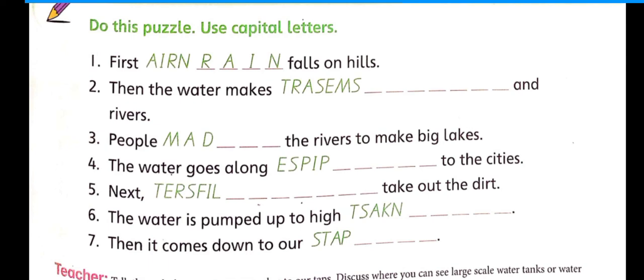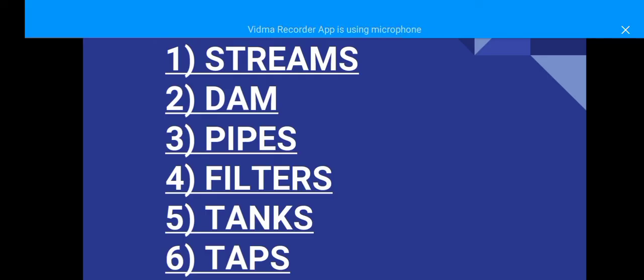Now, just to recheck your task, I am going to show you the answers. So please recheck your spellings. The first one they have actually done, but in the answers, our first one is streams, STREAMS. Second one is dam, DAM. It's very easy. The third one is pipes, PIPES.